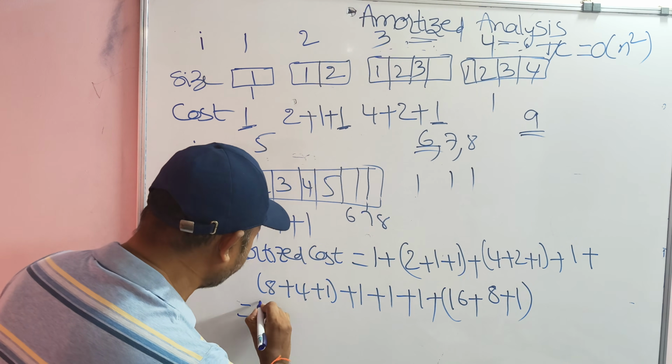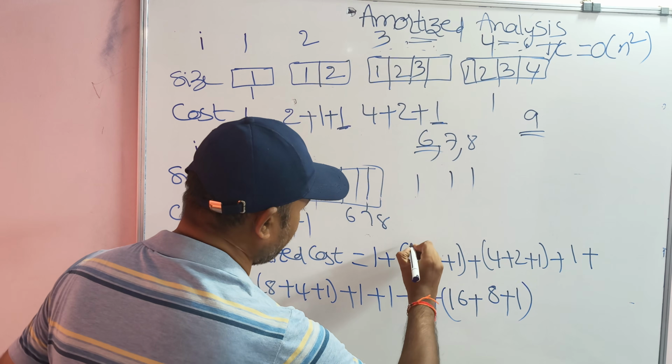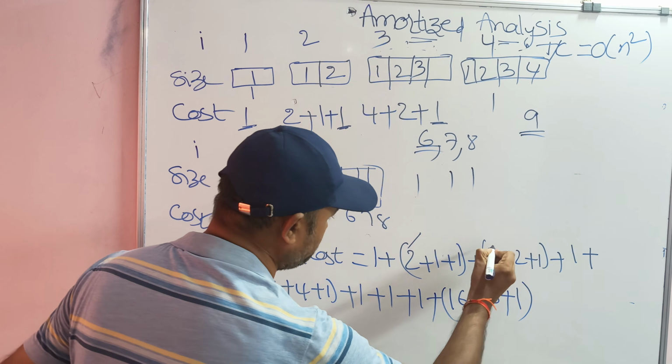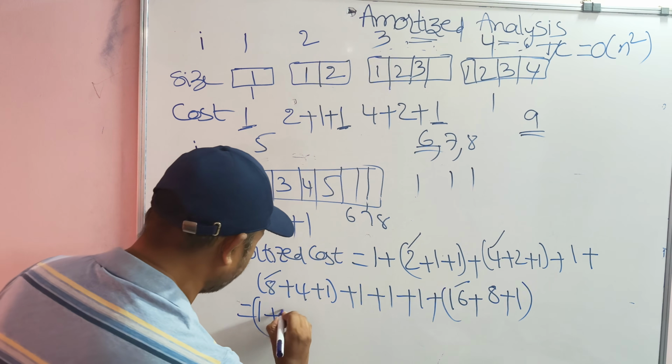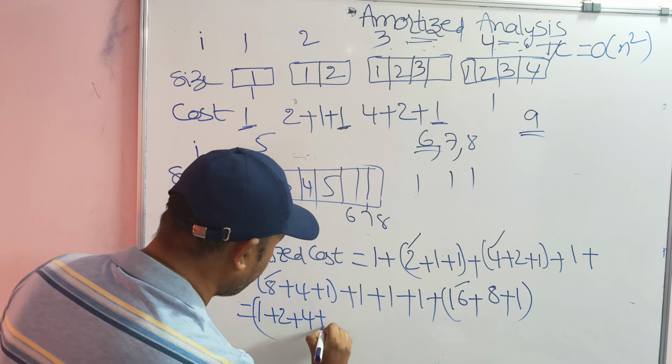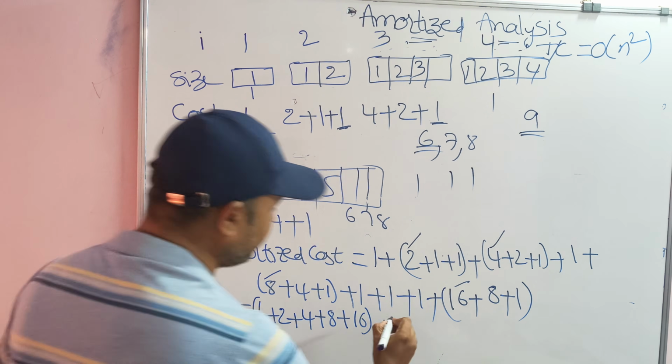Here the value is 1, so 1 plus, let us take the first term in the parentheses. Here we have 2, here we have 4, here we have 8, here we have 16. So 2 plus 4 plus 8 plus 16 plus, let us take the second term.